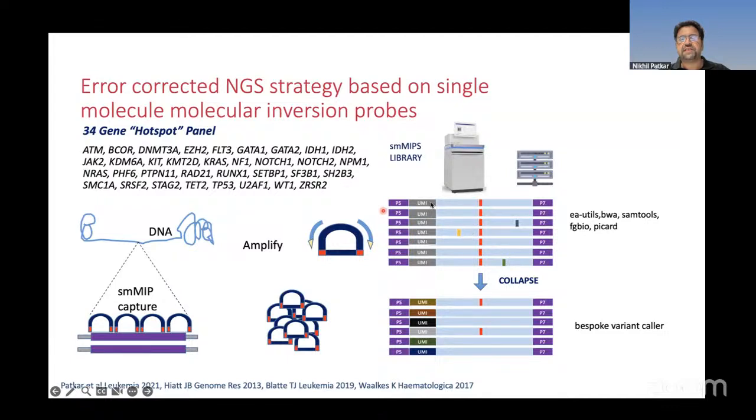After PCR, every read that originates from one UMI is like this. This in red is a true mutation, and yellow and green are all false mutations. Post hoc, all reads that originate from one UMI get collapsed, and all reads that map to the same region of the genome get clubbed together to form a consensus read family. And you can get rid of these sequencing errors in this manner. All right.